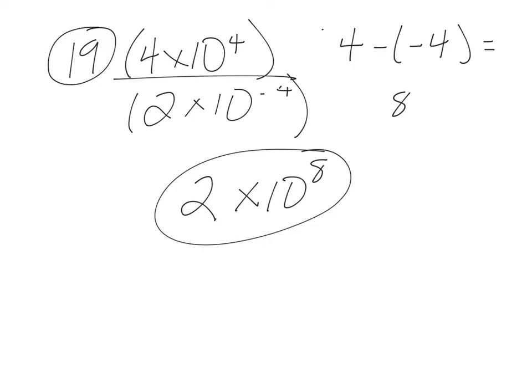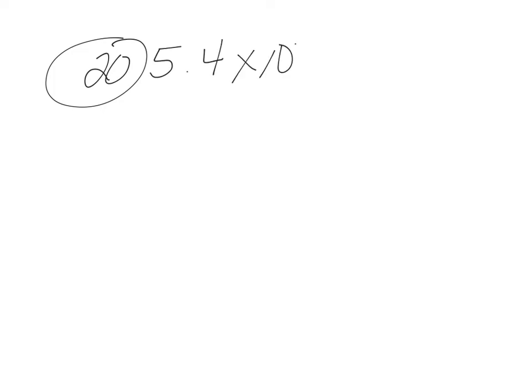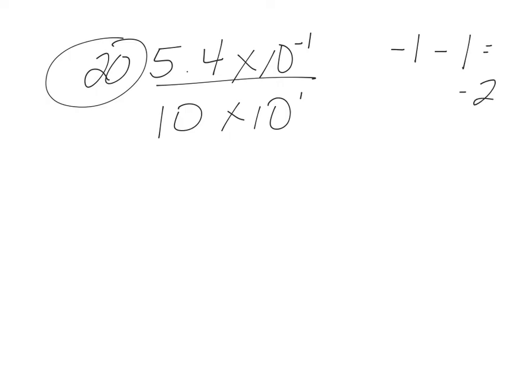Number 20. 5.4 times 10 to the negative first divided by 10 times 10 to the first. And so my negative 1 minus 1 is actually going to be a negative 2. So my exponent is going to be 10 to the negative 2.